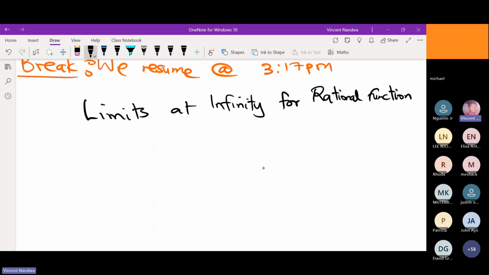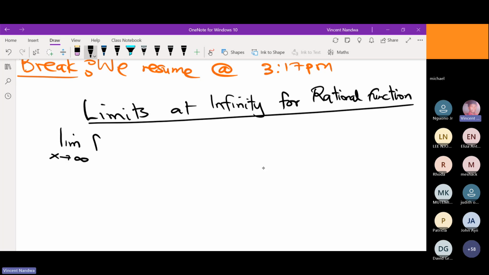And you know a rational function is a quotient of two polynomials. So here we deal with limits of the form limit as x approaches infinity of f of x equals L, or limit as x approaches minus infinity of f of x equals L.